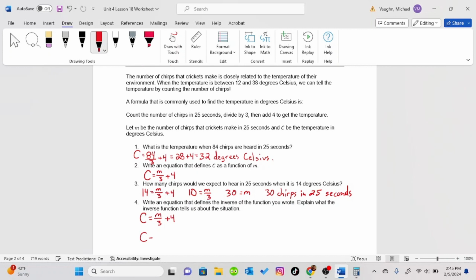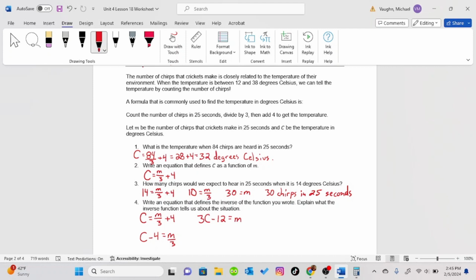That becomes C minus 4 equals M divided by 3. Then we multiply everything by 3, and we get 3C minus 12 equals M.